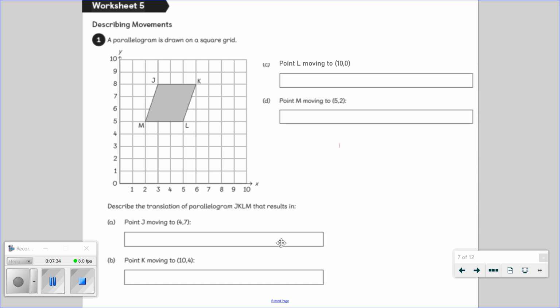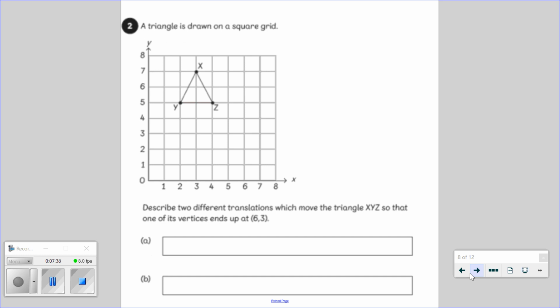And you write your description in here. And in question 2, we have a triangle on a grid. Here we have to describe 2 different translations which move the triangle XYZ so that one of its vertices or corners ends up at 6, 3.